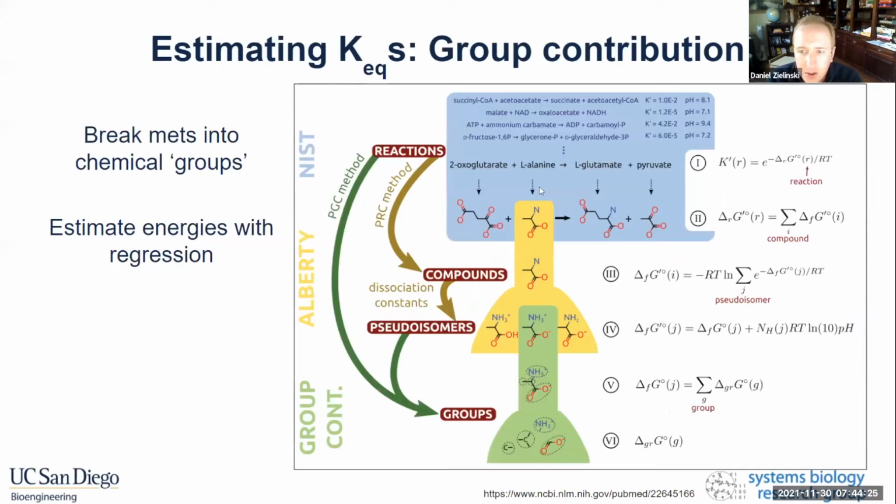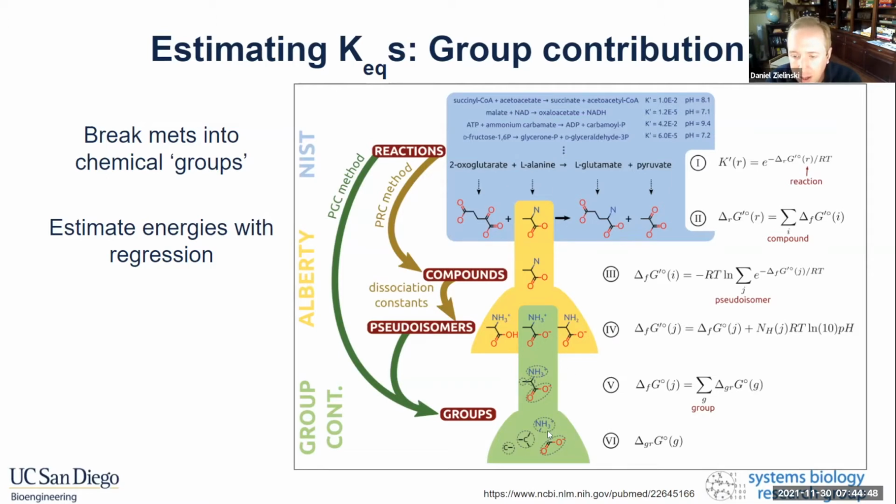You can also do what's called group contribution, which is breaking metabolites into subgroups. So for this particular metabolite, alanine, you could say it has an amine, it has a carboxyl group, and then it has a methyl group. And each of these has some inherent contribution to the energy of the metabolite overall.